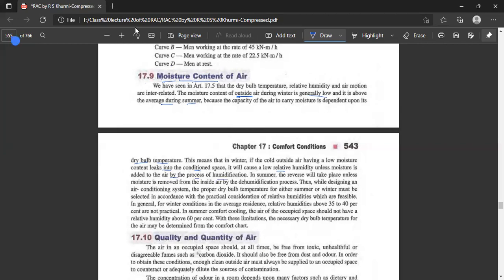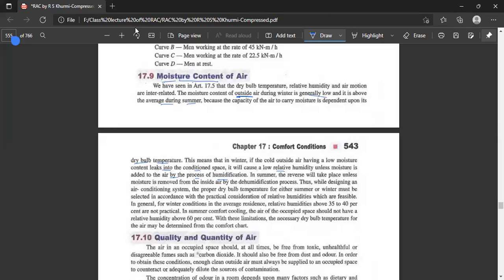So in winter, when the atmospheric air contains less moisture and comes inside your room, it will reduce the relative humidity, meaning the ratio of the amount of moisture present in this particular volume in comparison to the maximum amount of moisture which this volume of air can contain.